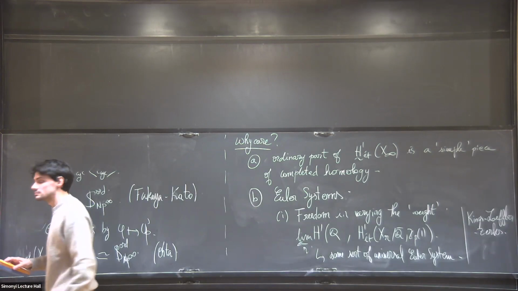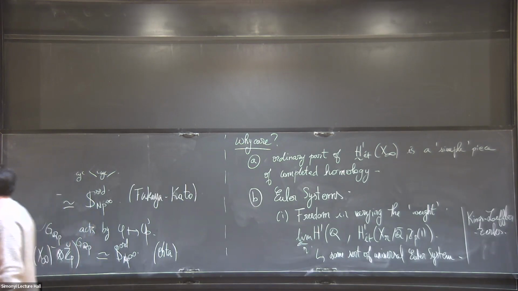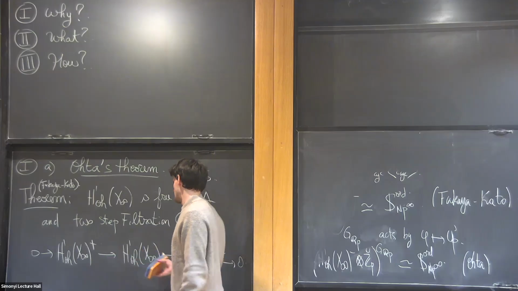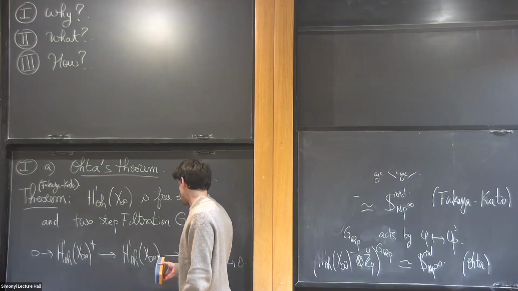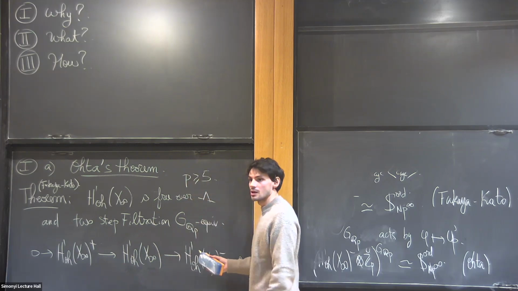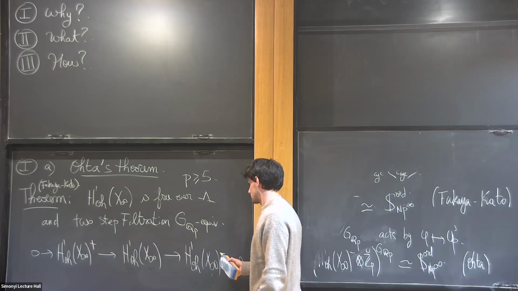So what's the inertia action on the middle term? It's going to extend this too. I think it induces some map from the quotient to the kernel, because the inertia acts trivially on the quotient. Right. If I look at the action of the inertia subgroup, then it induces a map from the cokernel, so this H1 minus, to H1 plus.